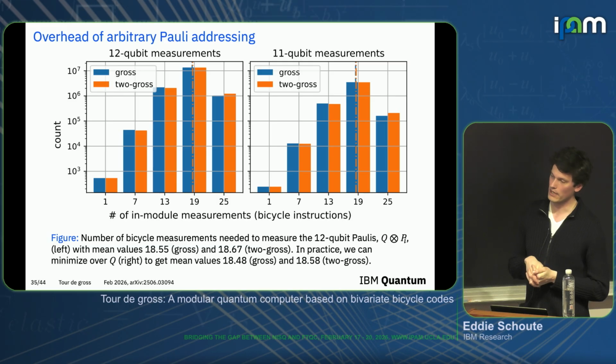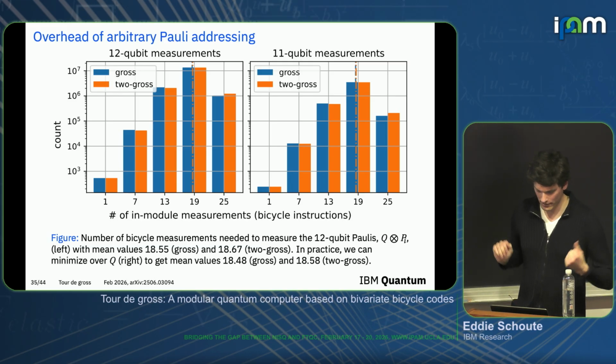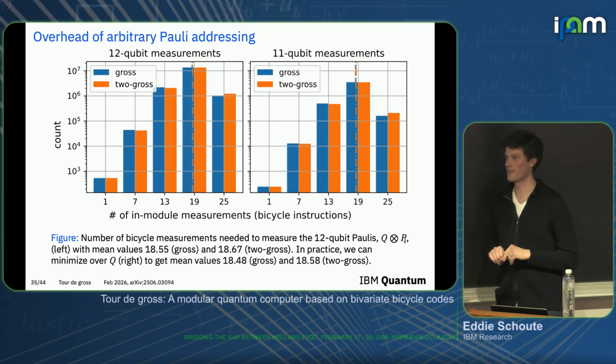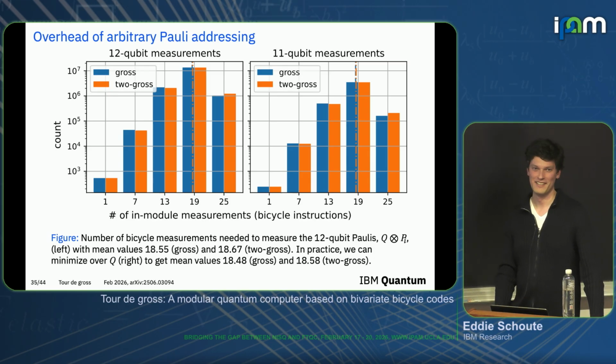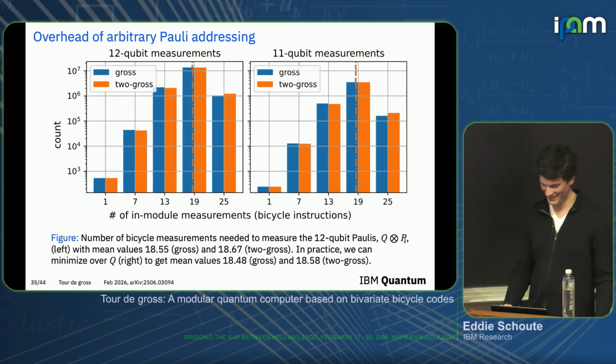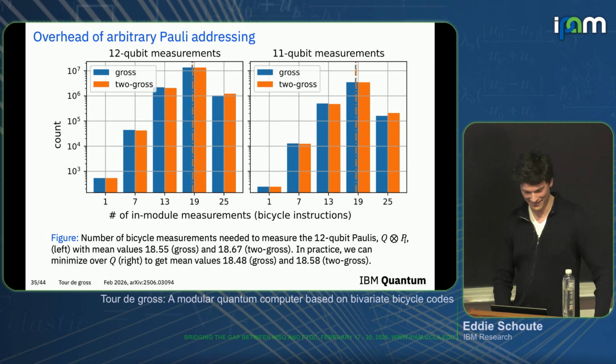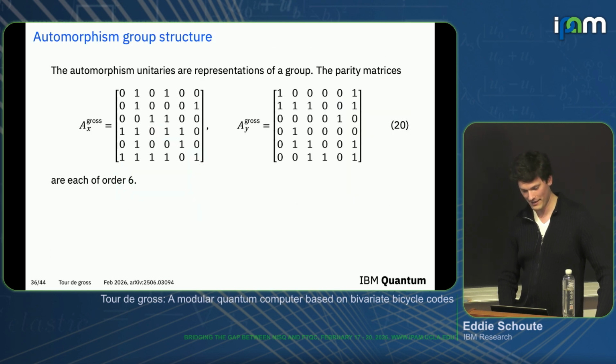But in practice, we can also optimize over the ancilla qubit because we don't care about the basis. And then we save a grand total of 0.1 measurement on average. Awesome. And it does make the code more complicated, sadly.